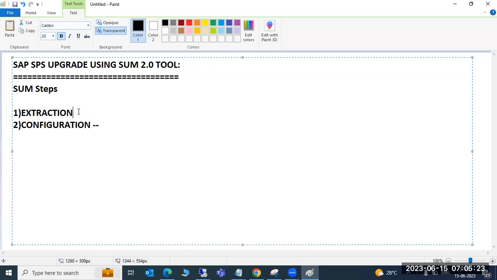Yesterday we completed the extraction. In the extraction phase, the system asked us to provide the user IDs and passwords, extracted the software, and scanned the directory. As soon as extraction completed, it asks us to provide the configuration.